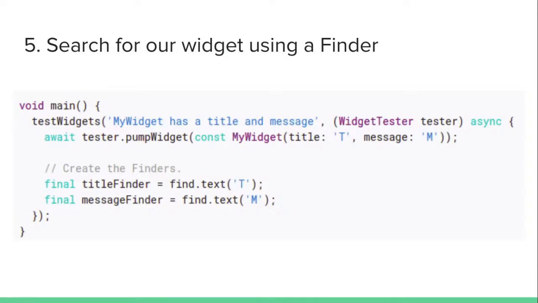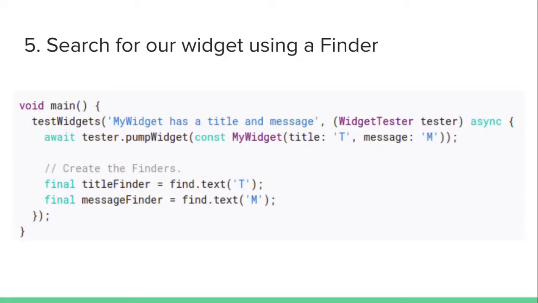With a widget in the test environment, search through the widget tree for the title and message text widgets using Finder. This allows verification that the widgets are being displayed correctly. For this purpose, you can use the find constant provided by the Flutter test package to create the Finders.